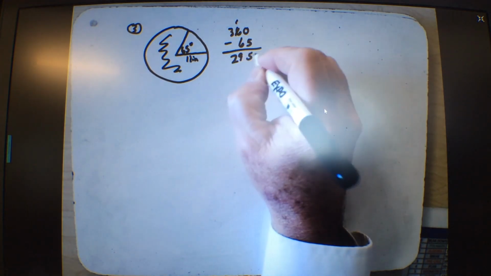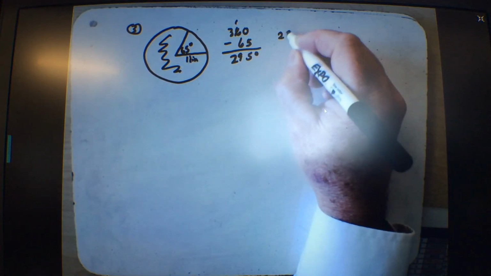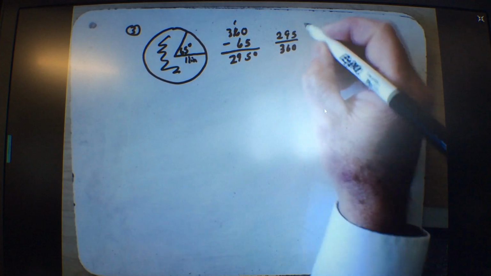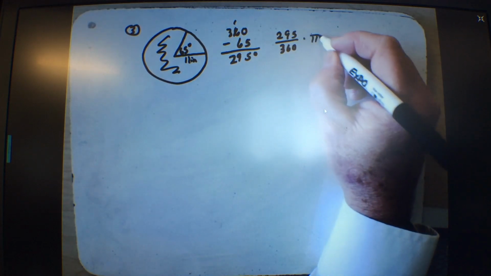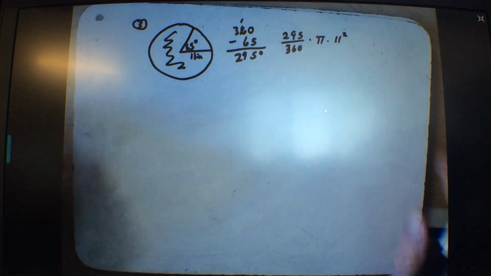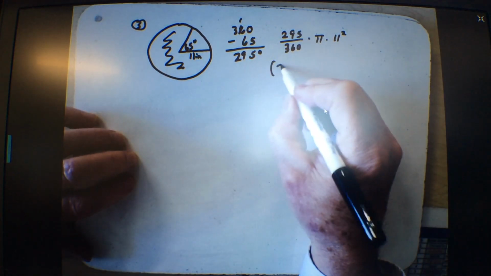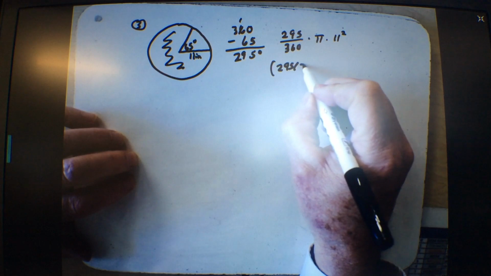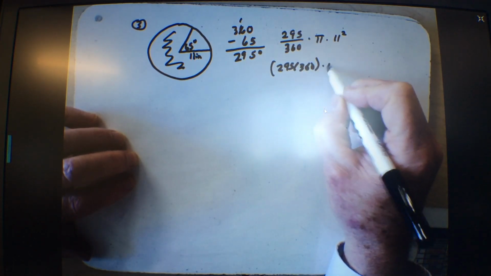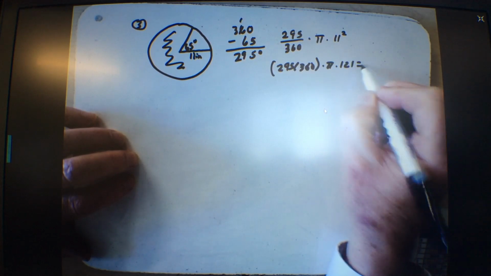Yes. 295 degrees. So I'm going to take now 295 over 360 times pi times 11 squared, right? Just to prove what Kagan said, I can do parentheses. Try this: 295 divided by 360 times pi times 121.